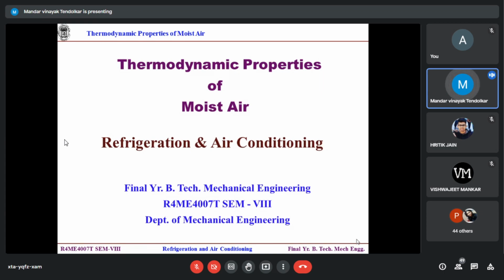So certain refrigeration processes, as I had said, which are not so common, not so popularly employed. They are theoretical processes, theoretical in the sense practically also possible, but not very common, not very popular.